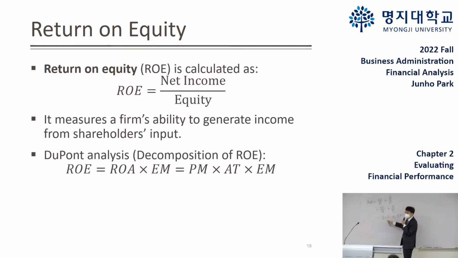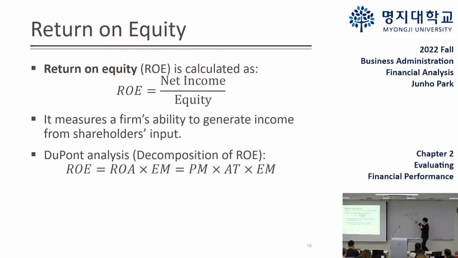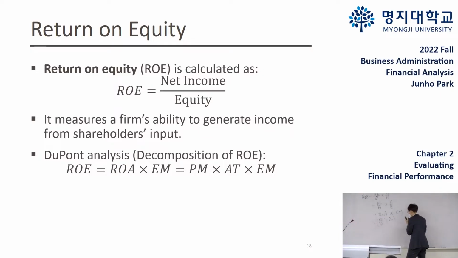And we can further decompose ROA into 2 components because it is net income over asset. I'm going to say that it is net income over asset times sales over sales. So if we change these 2 positions, we get net income over sales times sales over asset times equity multiplier.